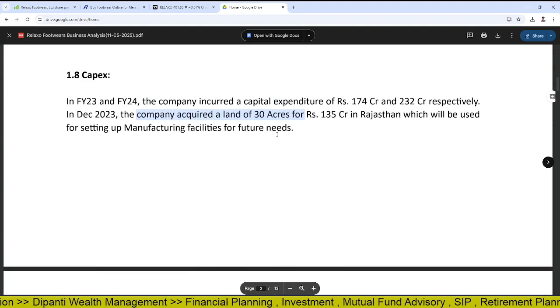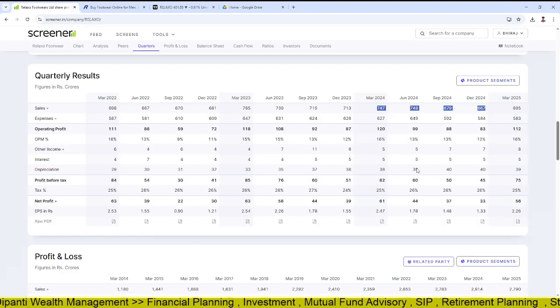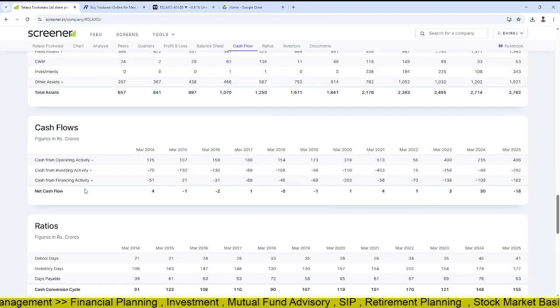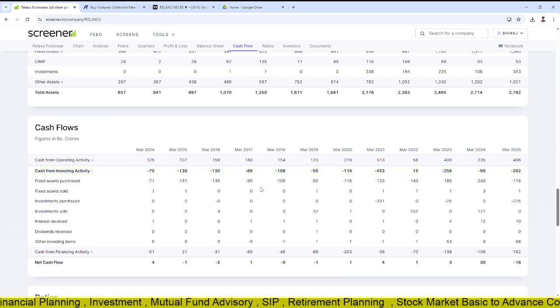We will see how it is reflected in the investing, that means the cash flow statement. This is your cash flow statement, and you can see cash flow from investing activity. The company purchased some fixed assets, that is your 116 CR, 249 CR, 185 CR.